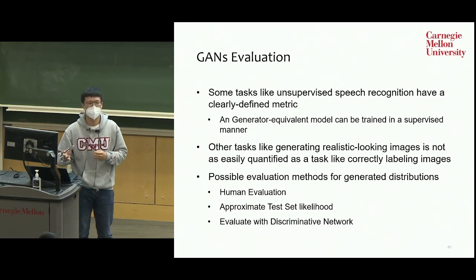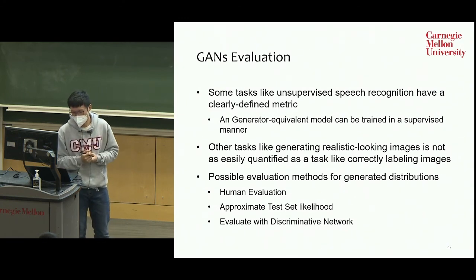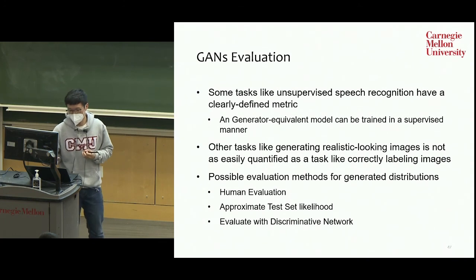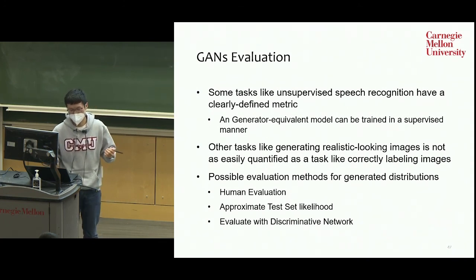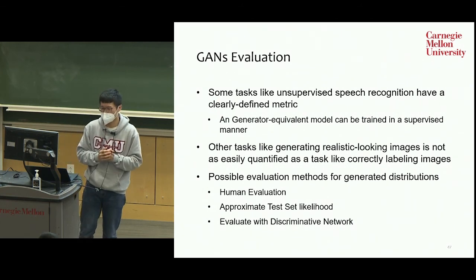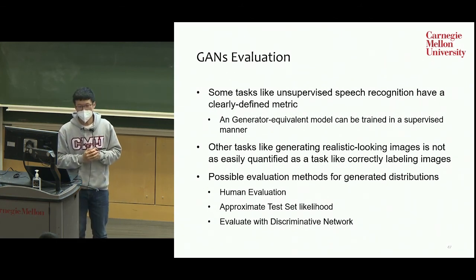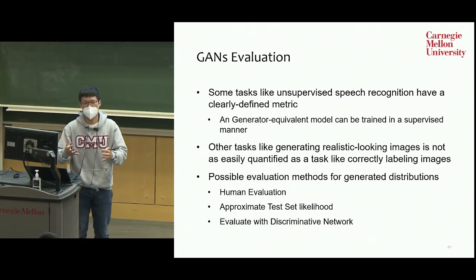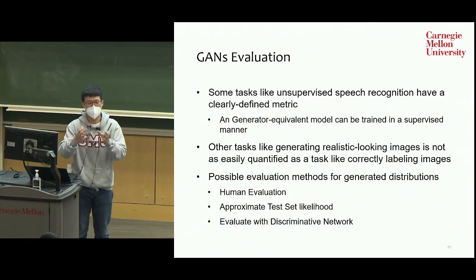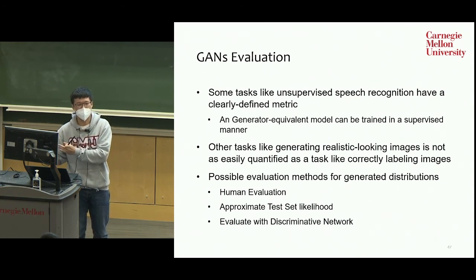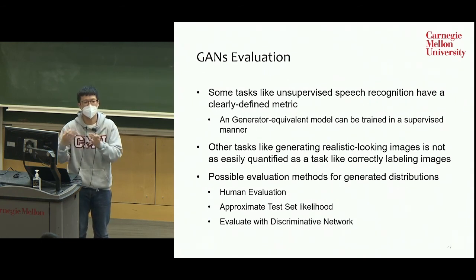In other tasks, for example, I happen to know about reinforcement learning. In imitation learning, which is a supervised fashion of reinforcement learning, you can also use GANs to train a model in an unsupervised manner, as compared to training it in a supervised manner.